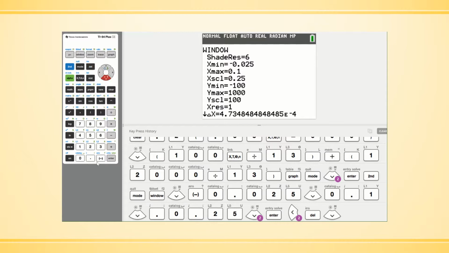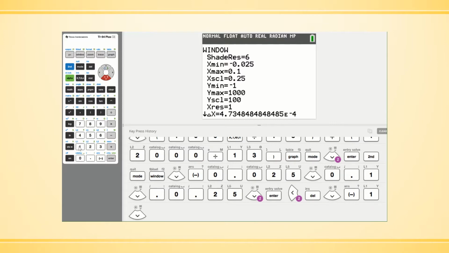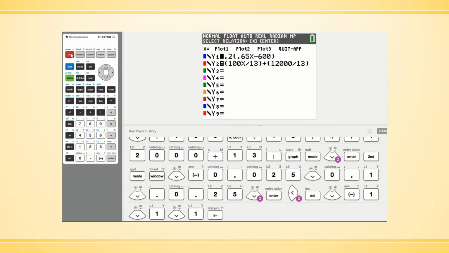My Y minimum, I'm going to just set at -1 because we don't have any issue with the amplitude in this. And I'm going to set my Y maximum at 1. And I'm going to set the scale for Y at 1. Okay. Now let's graph the function.